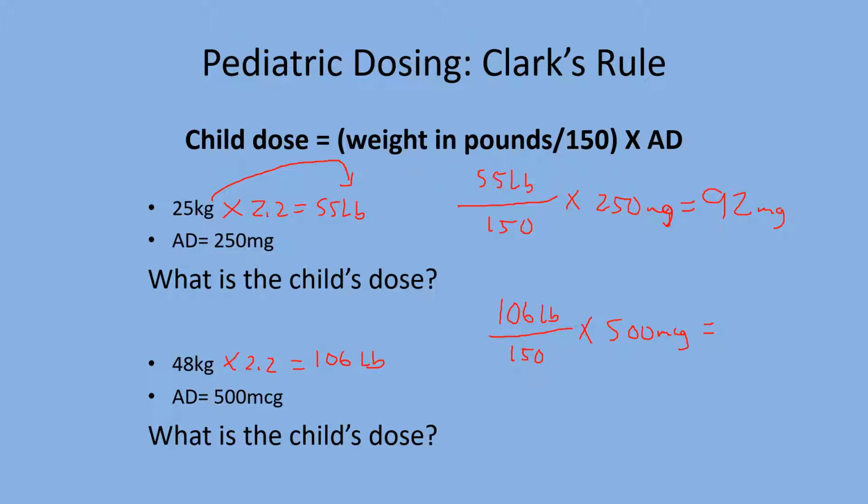So 106 divided by 150 times 500. 352 mics, MCGs. We'll change that to 5. All right, not too bad for Clark's rule. So Clark's and Fry's rule is very similar. One is months under 1 year, and the other is pounds for children.